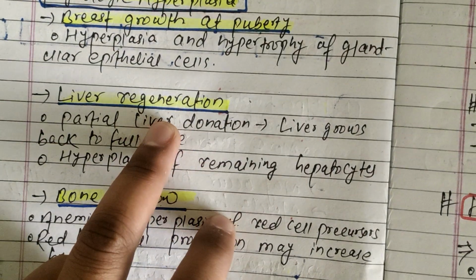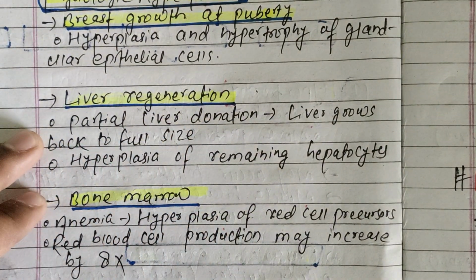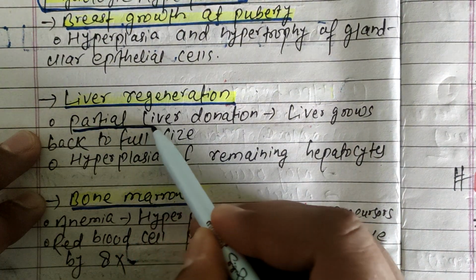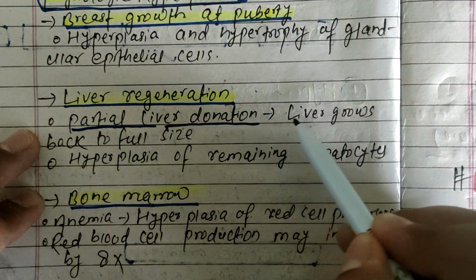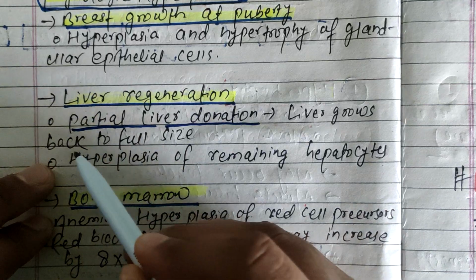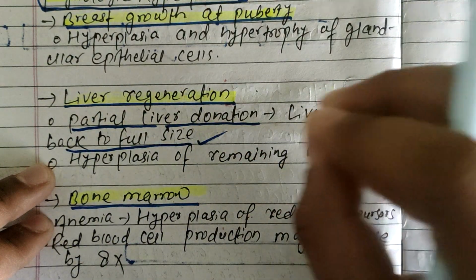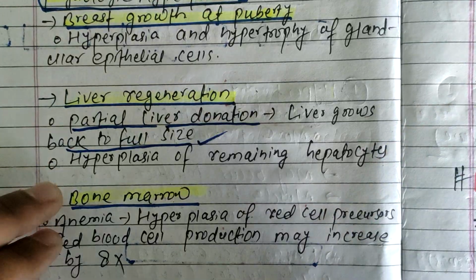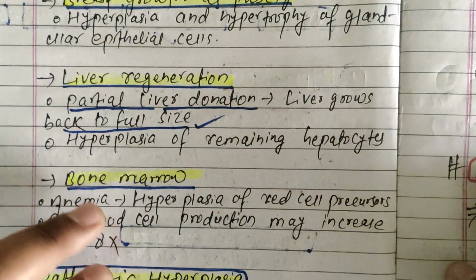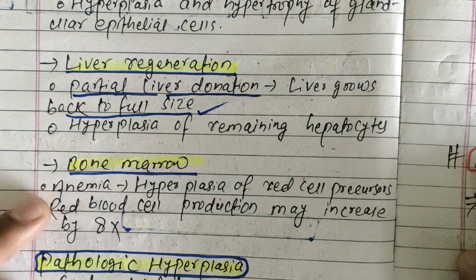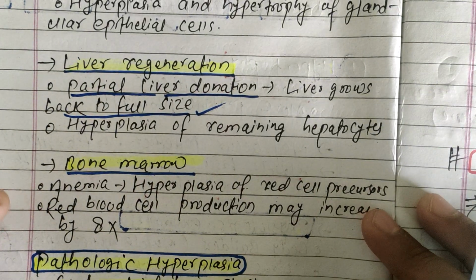Similarly, in liver regeneration, with partial liver donation or transplantation of a partial liver, the half of the liver grows back to full size. It is due to the cellular adaptation hyperplasia of the remaining hepatocytes. Hyperplasia occurs in liver regeneration, breast growth, and also in the bone marrow.